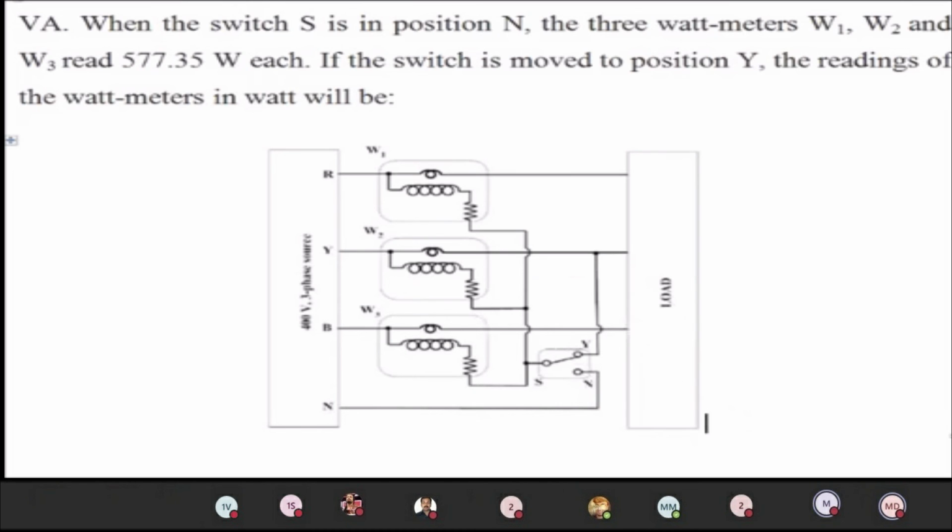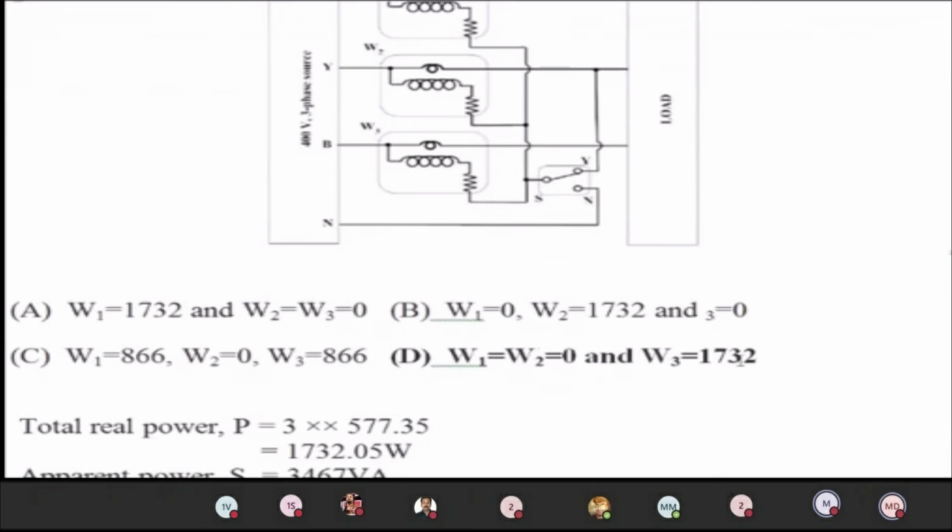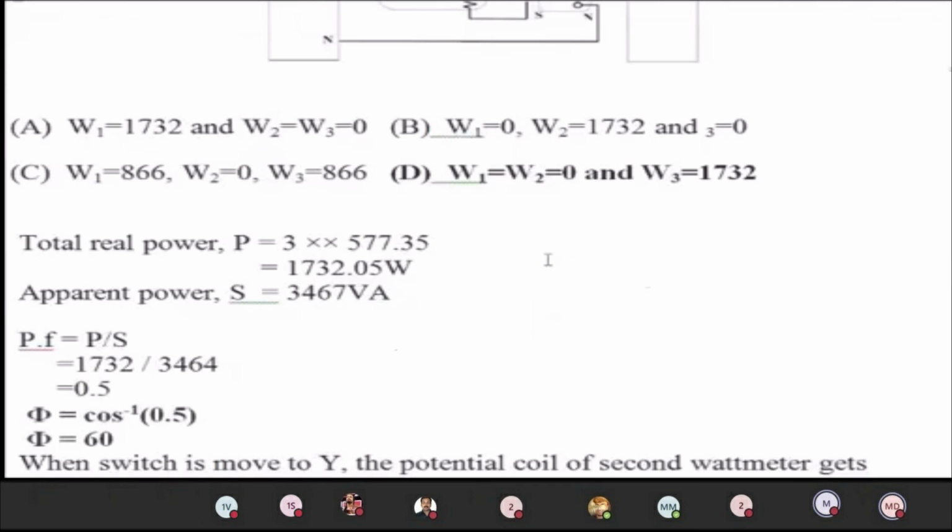So as per theory, when the switch has been changed to position Y, that particular phase will be receiving 0 value. So this is the concept. It will act as a short circuit. So with that concept we can move. In the question it has been given the total real power.